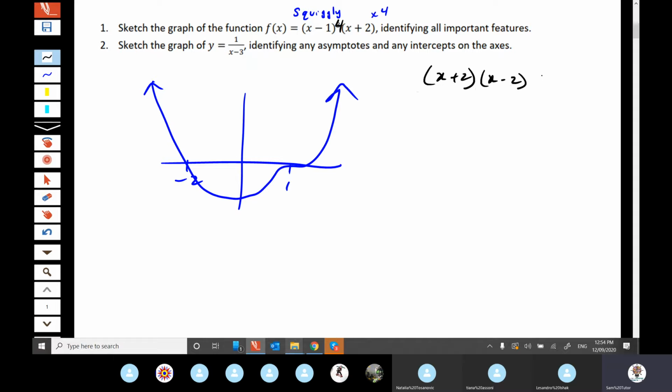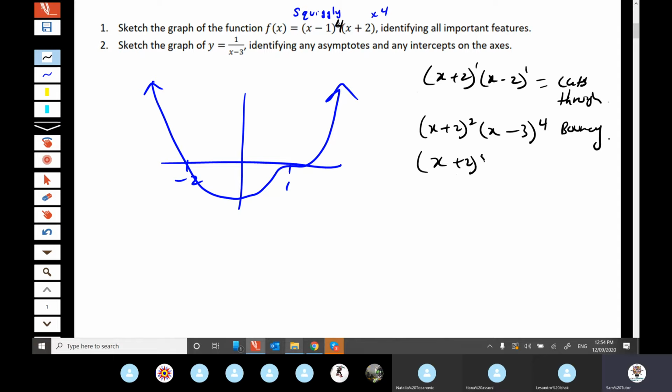Any power of 1 cuts through. Any even power, individually, and we're talking about individually, not the whole polynomial, is bouncy. Any odd power other than 1 is squiggly. The only other thing you have to remember is the whole polynomial's starting point.